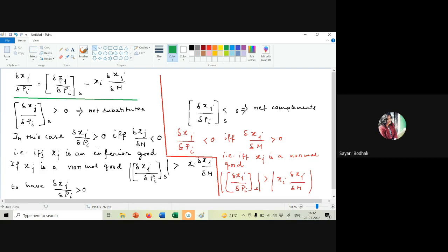The first part is negative, that will offset the positivity of this entire thing. For that matter, you need the absolute value of the substitution effect part to be greater than that of this part.